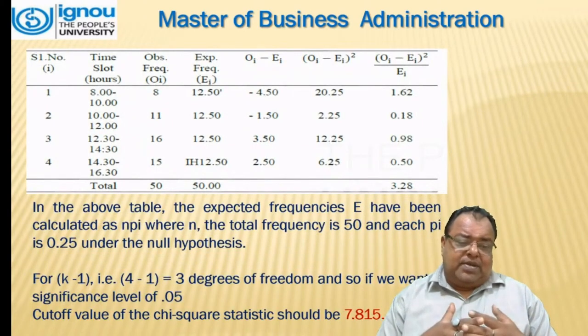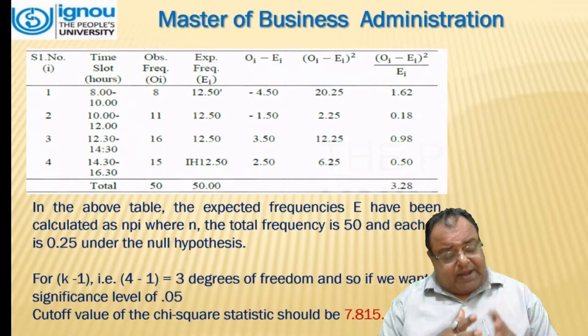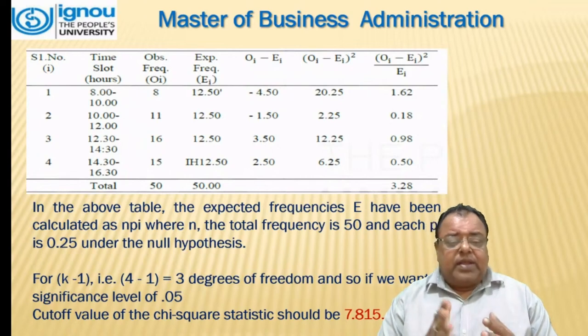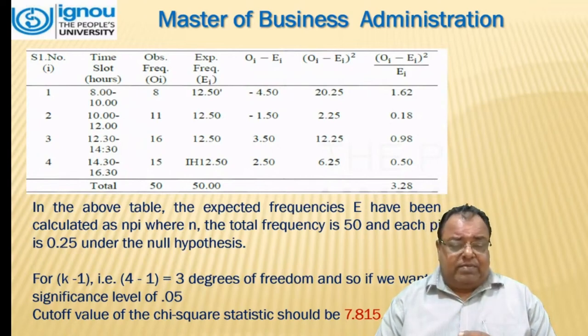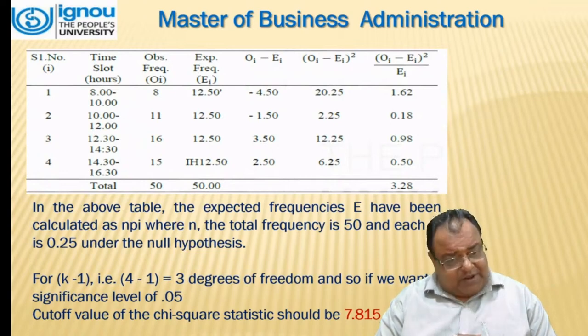For K minus 1, there are 4 values. Degree of freedom will be K minus 1, that is 4 minus 1, which is 3. At 3 degrees of freedom and 0.05 significance level, your expected value or the tabular value is 7.815.